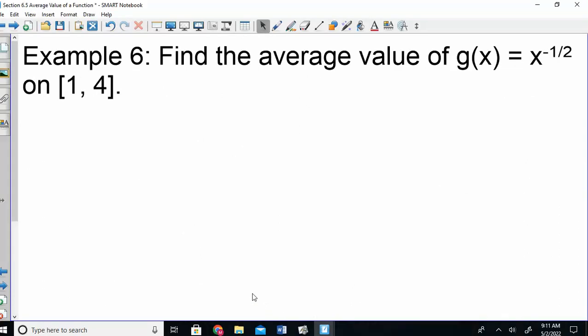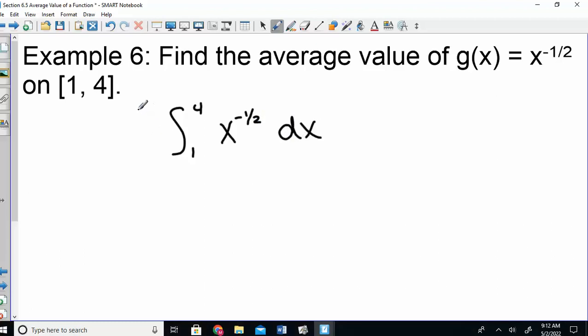I just want the average value of g of x equals x to the negative 1/2 on 1 to 4. So when I set it up, I'm going to integrate from 1 to 4 of my function x to the negative 1/2 dx.